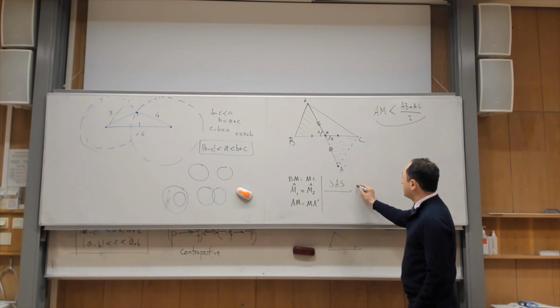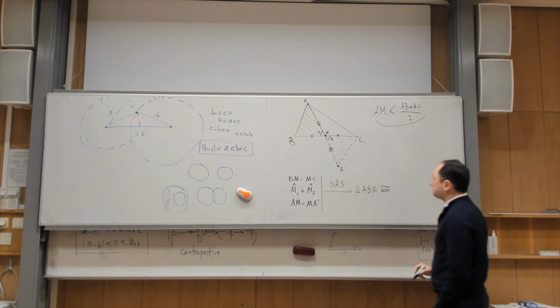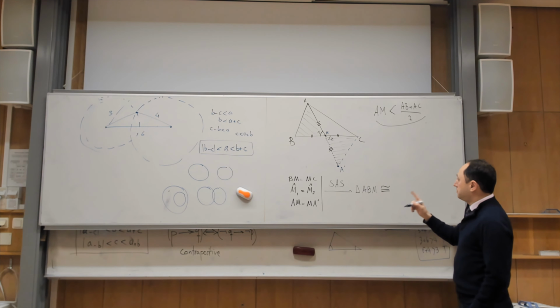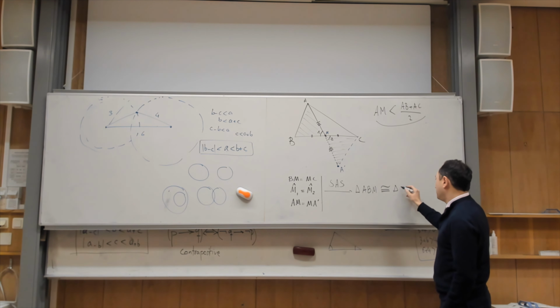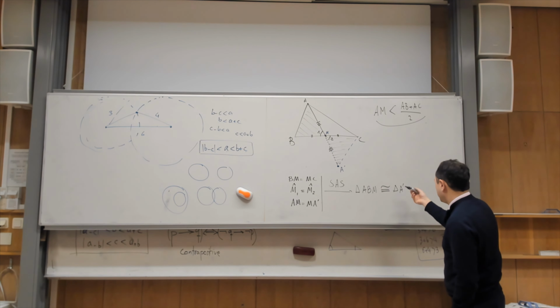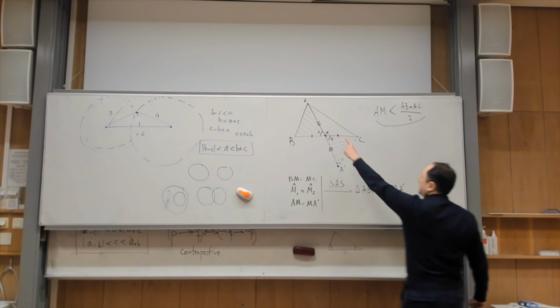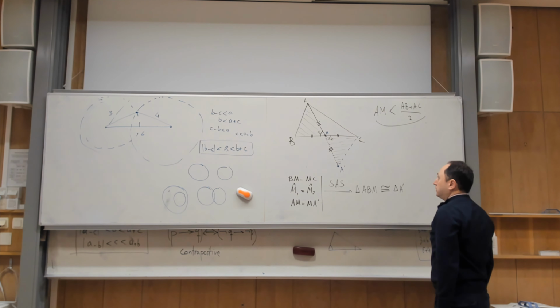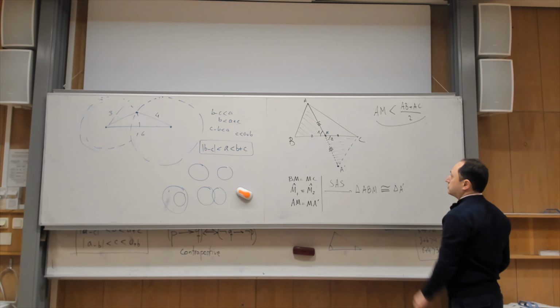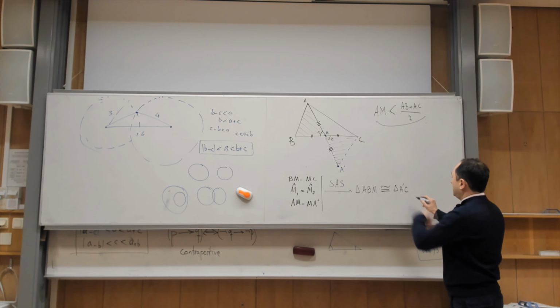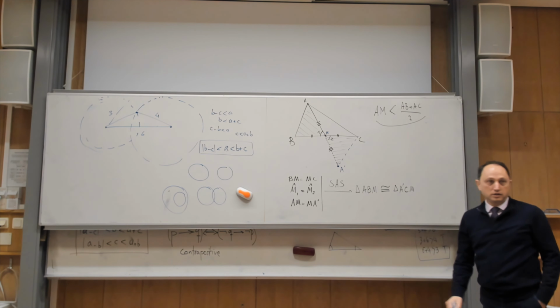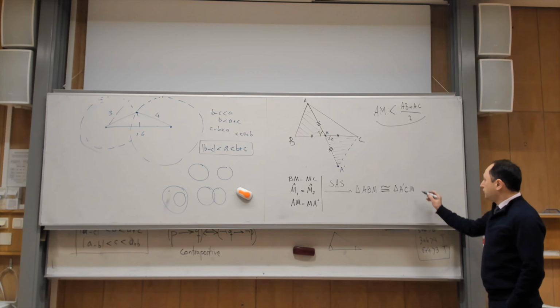I can conclude that triangle ABM is congruent to which triangle? A prime CM. If you want to keep the order, I don't need to be worried about this, but in principle you have to keep the order. So A corresponds to A prime, and then B corresponds to what? C, and then M to M. Yes? Okay, and then what can you conclude?